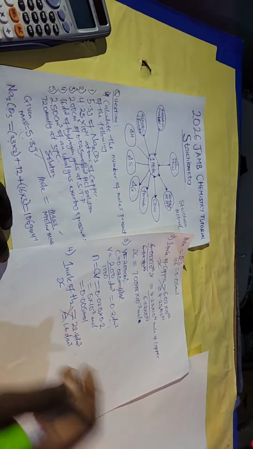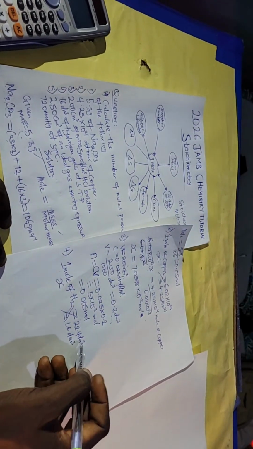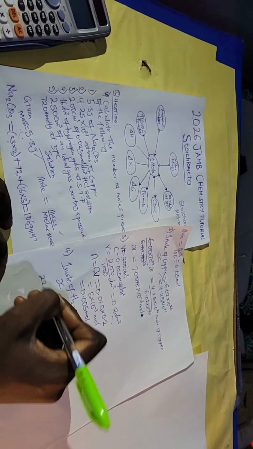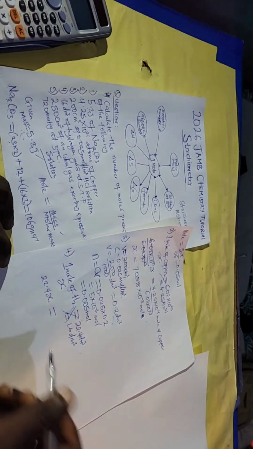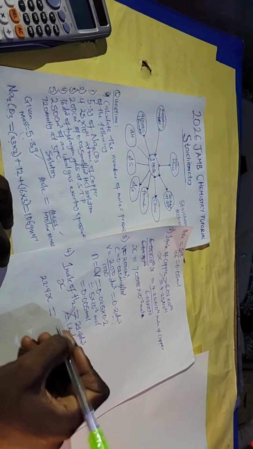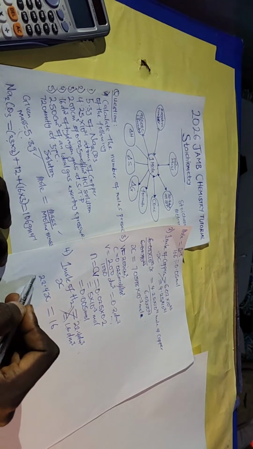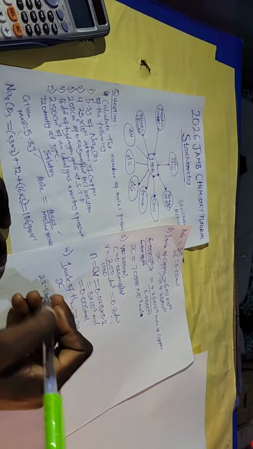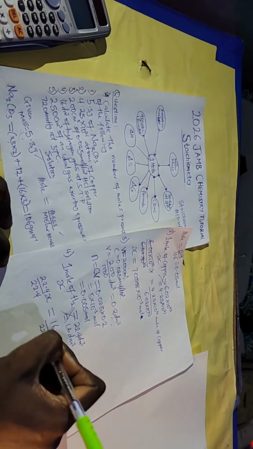Okay? So x times 22.4 gives us 22.4x equals 1 times 16, which gives us 16. Then if I make x subject of the formula by dividing by the coefficient of x, I will divide by 22.4, divided by 22.4.